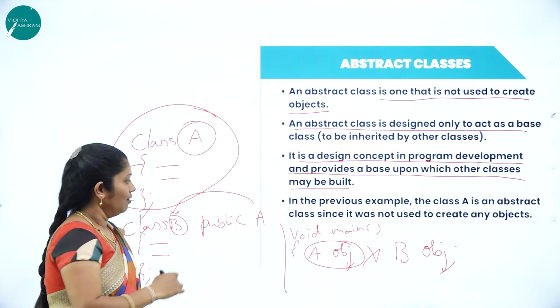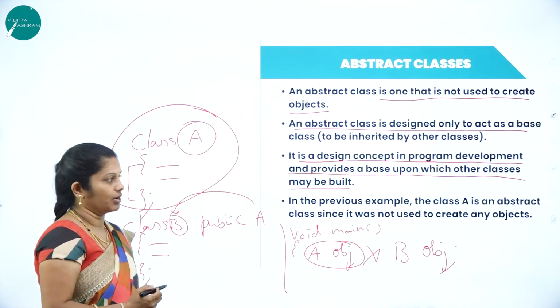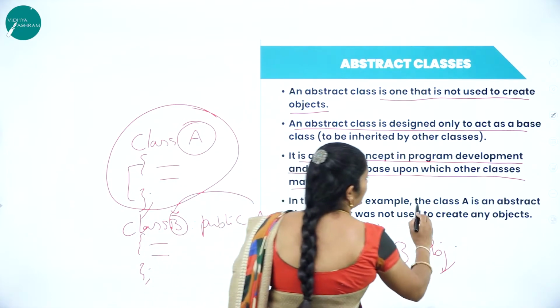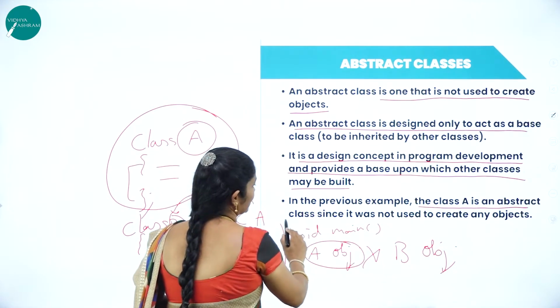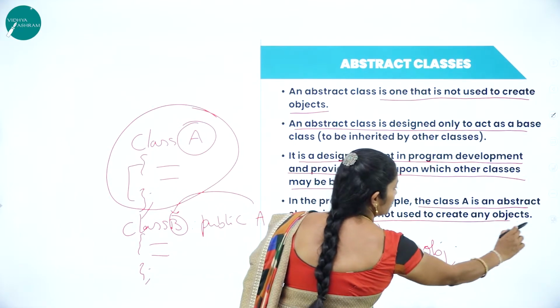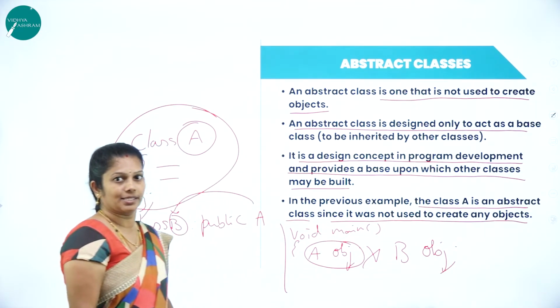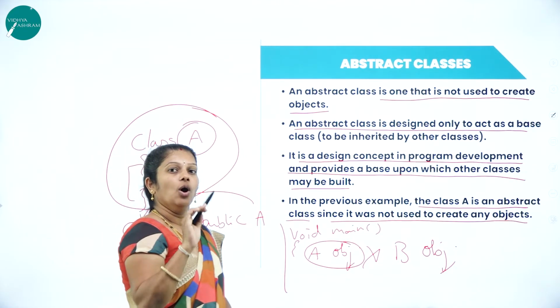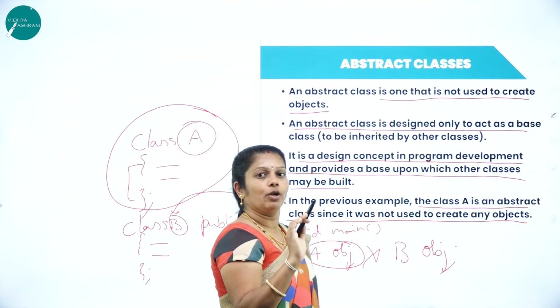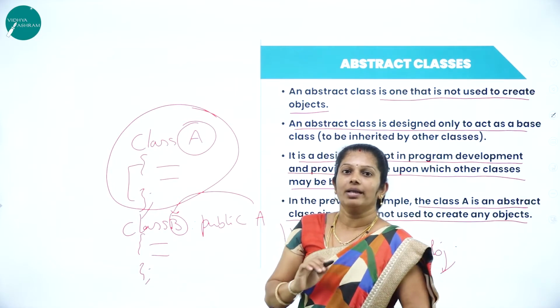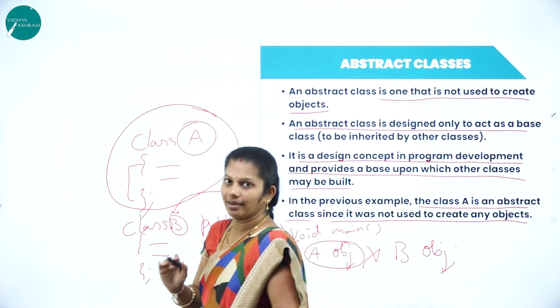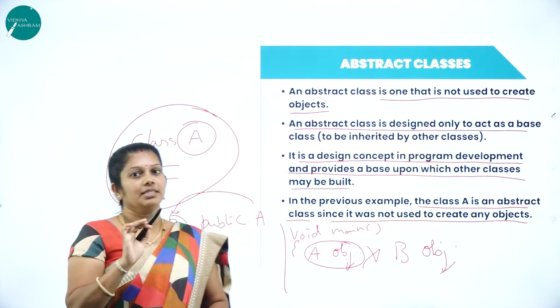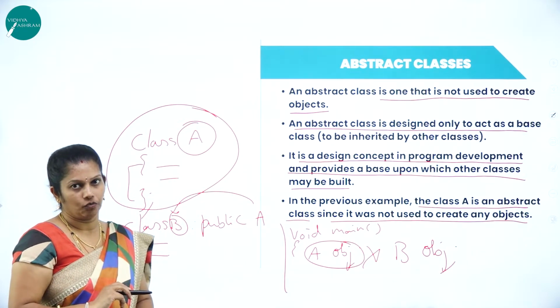In the previous example, the class A is an abstract class, since it was not used to create any objects. Whereas a virtual class is used to avoid multiple copies of the same data, an abstract class acts like a base class only, but cannot be used to create an object of a class.